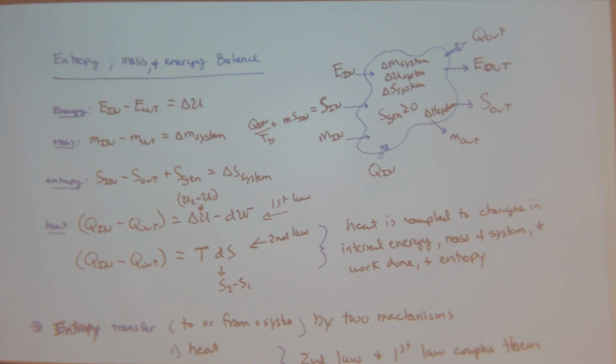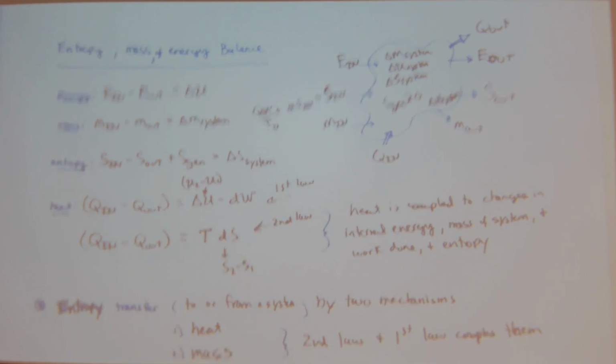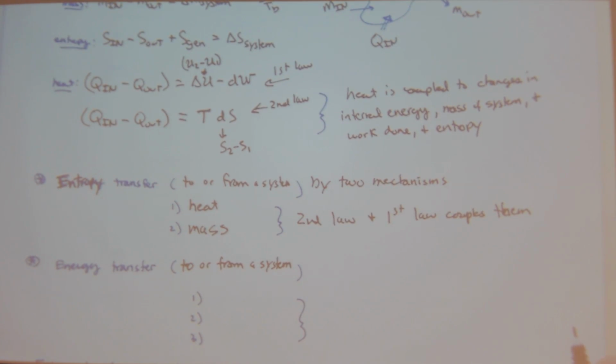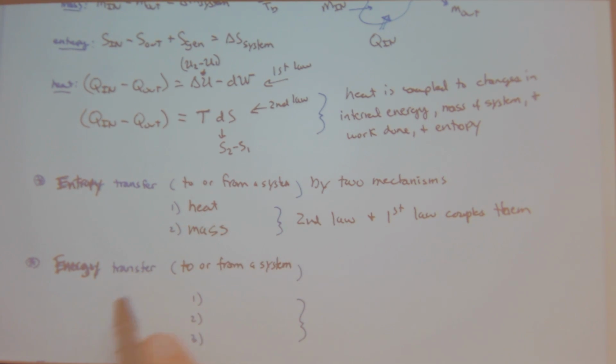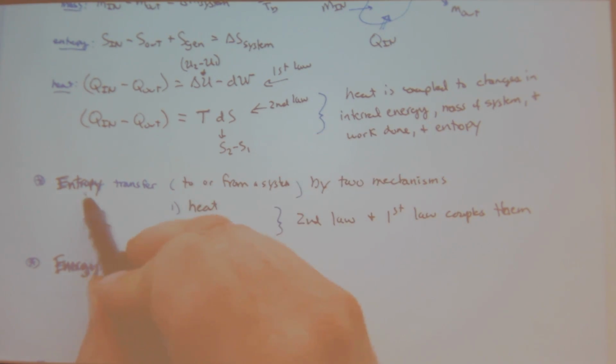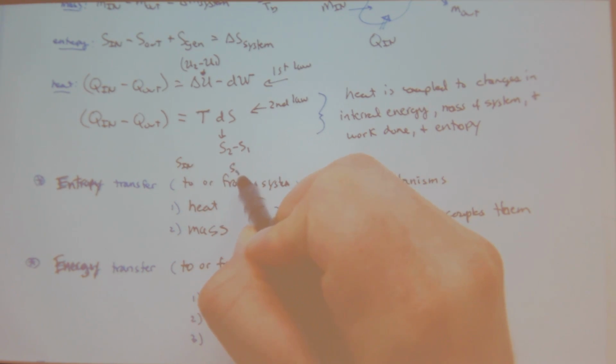Energy transfer to or from a system. One second, thank you. So here I have energy, not entropy. Energy transfer to or from a system. So entropy transfer to is S in, from is S out, right?